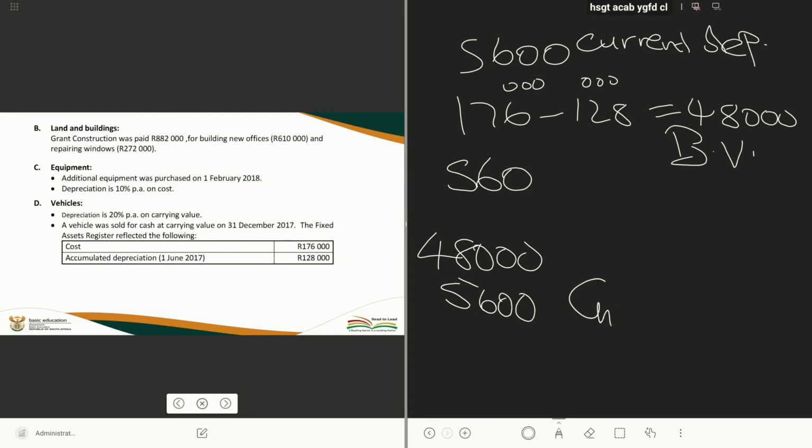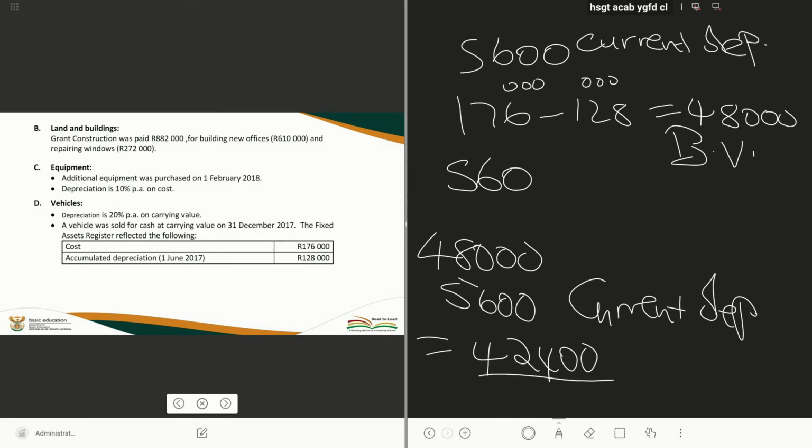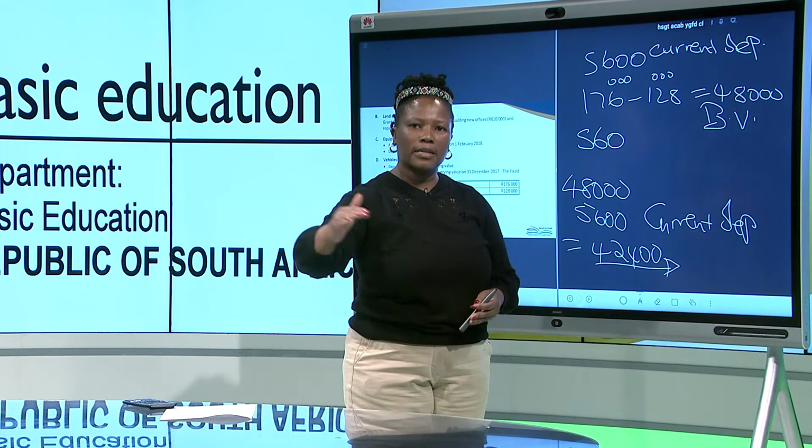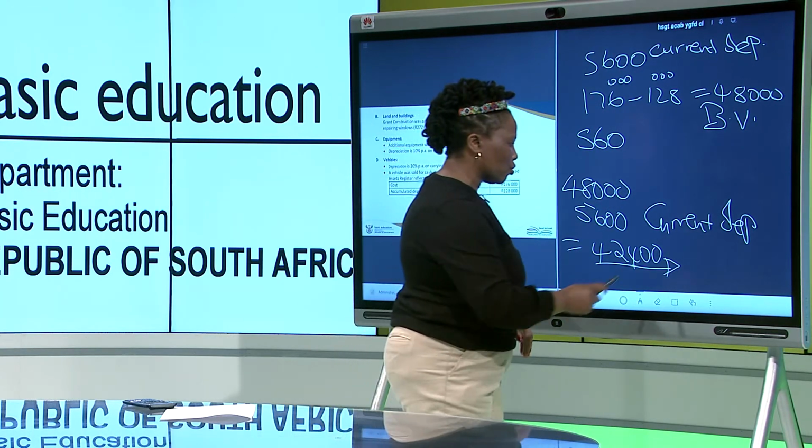This is the current depreciation. And then that is going to give us 42,400. So this 42,400 rands is the book value of the asset that we have just sold as a business.